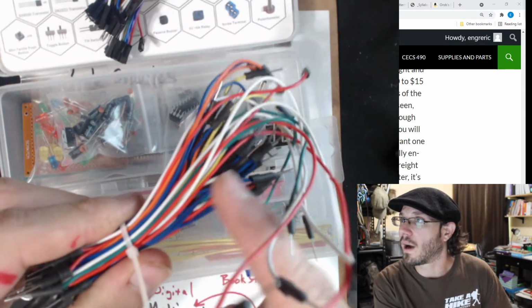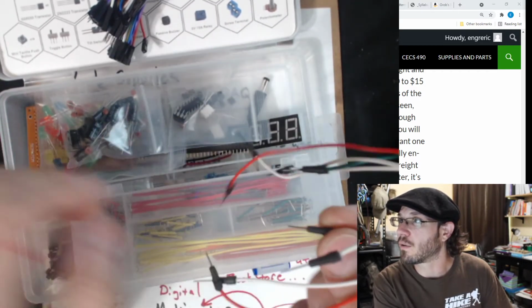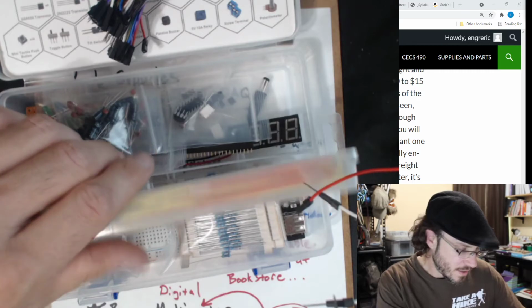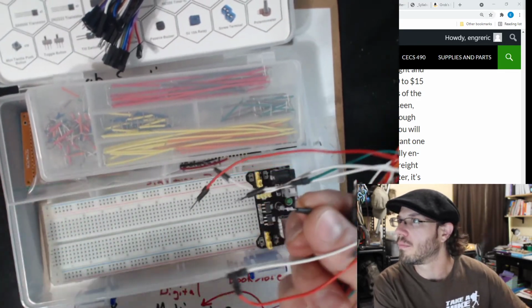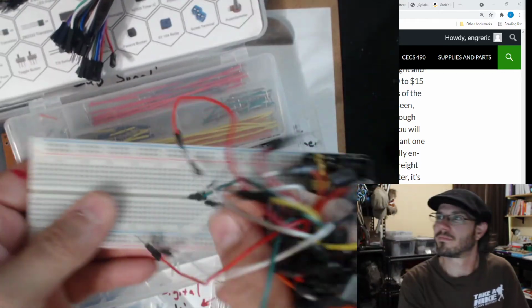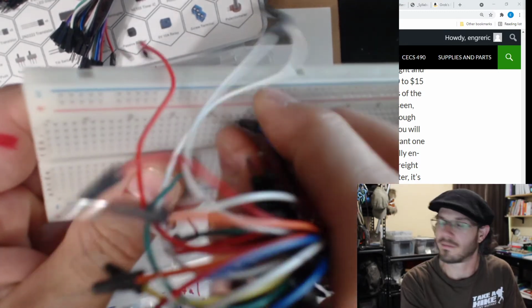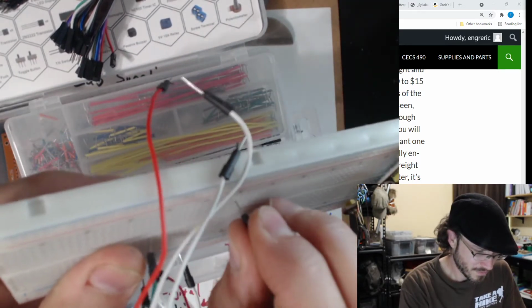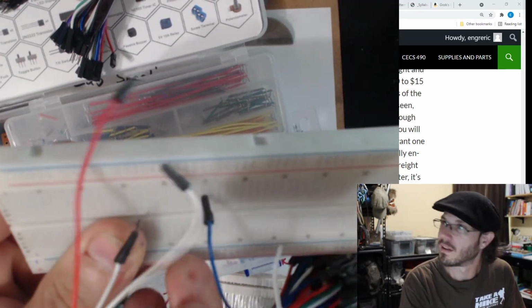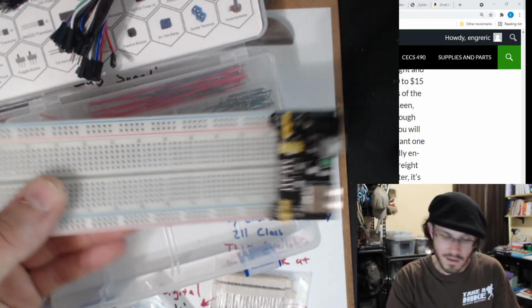I've seen these types of wires actually just broken right out of the package. They're cool because they're ready to use and they go into our breadboards like this. Get in there. Like that, but I just find that the connection's not as good.